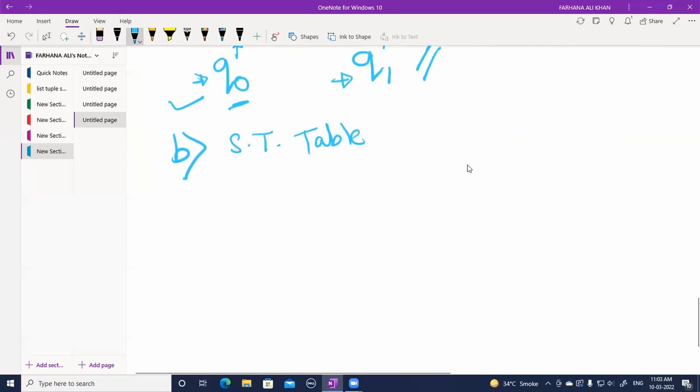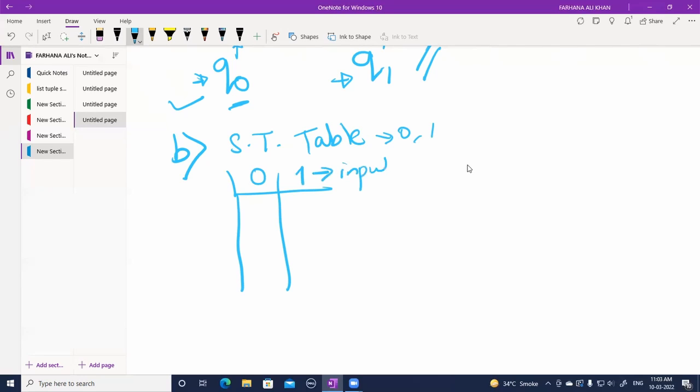For the state transition table, we are going to draw rows and columns. As we are having two bits, that is the binary number system, 0 and 1, here we will consider 0 and 1. That means here we are writing inputs. And here we are going to write states.